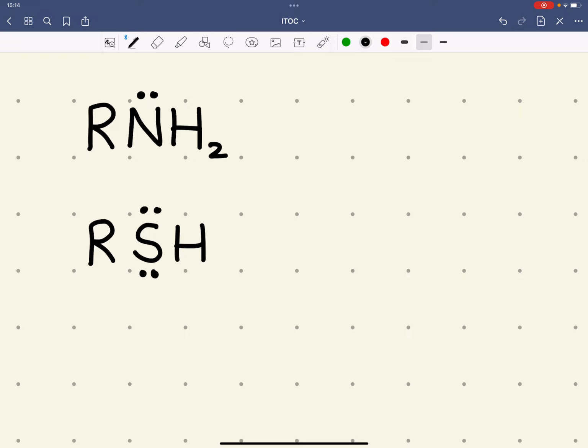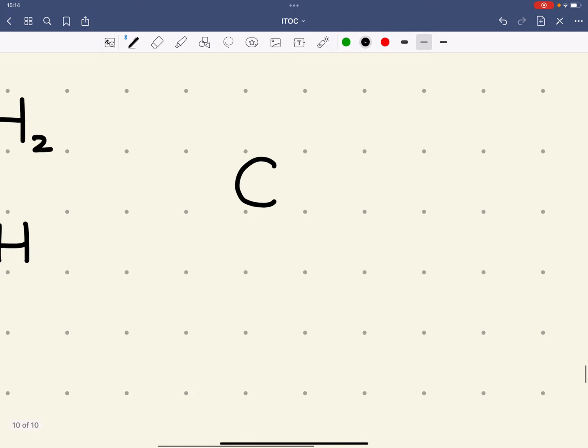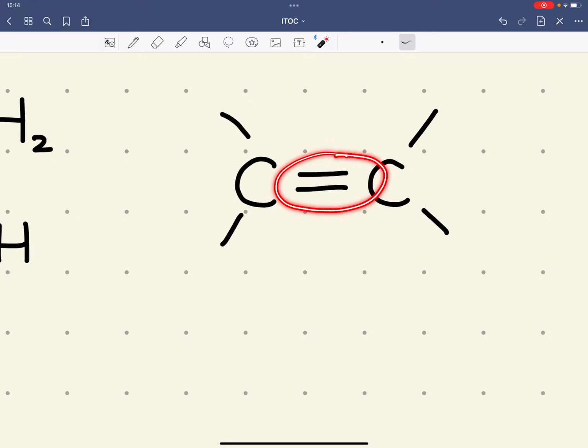But obviously we can get species like alkenes, things with multiple bonds like this. This could also behave as an electron pair donor as well, coming from the two electrons in the double bond.